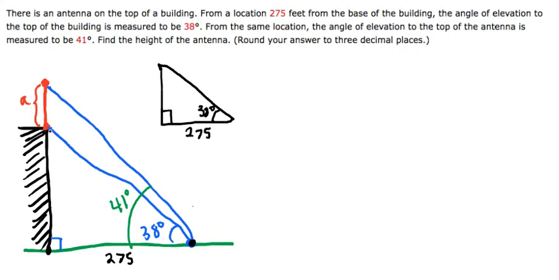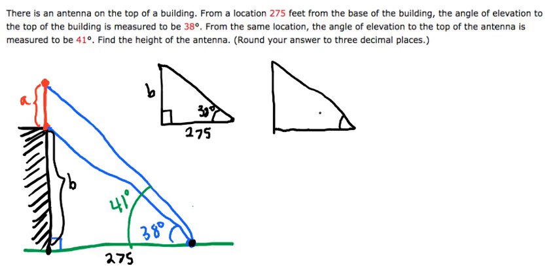So let's call this distance B for building here, which we do not know. And then the bigger triangle has the 41-degree angle of elevation right here. It also has a side of 275, and the distance from the ground all the way to the top of the antenna is actually A plus B. So this is A plus B right here.